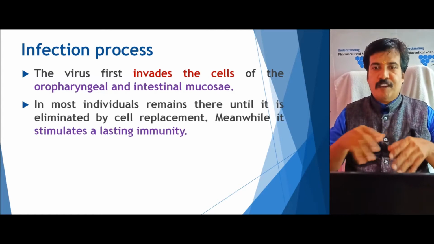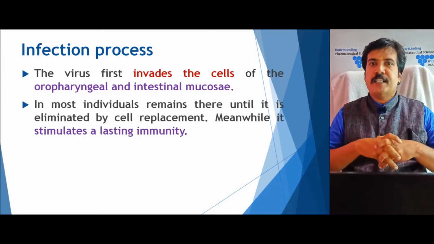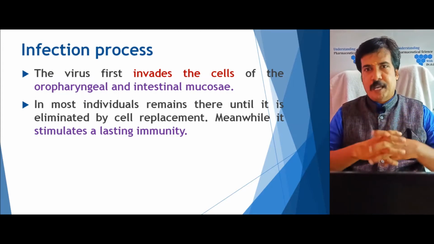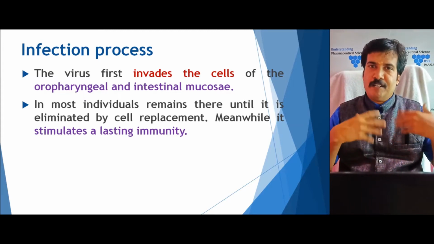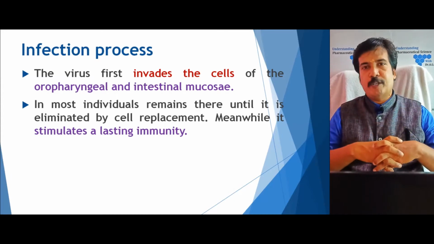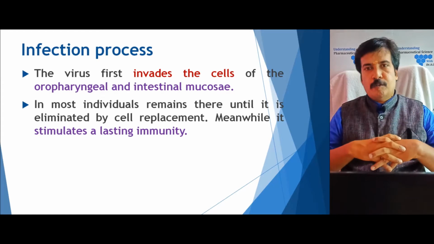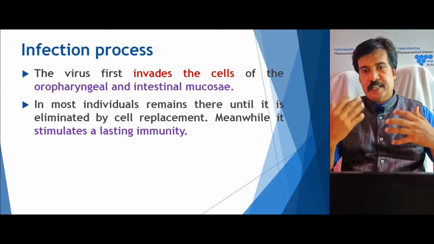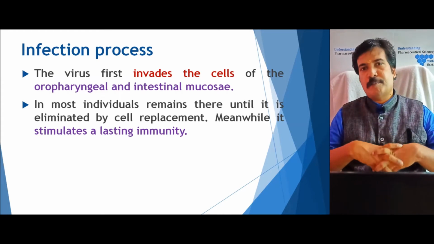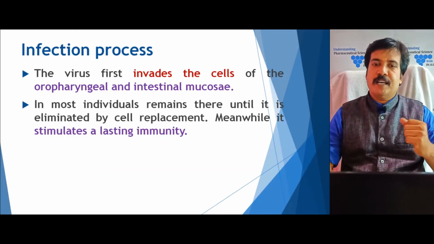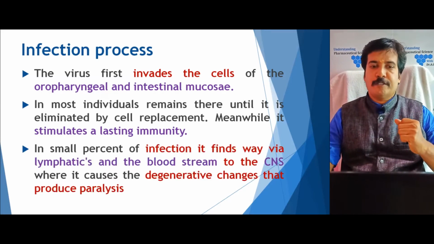By this infection, our body starts producing antibodies against it and develops its own immune system. These cells get replaced in the mucosal membrane by the cell replacement process, and it stimulates long-lasting immunity also.